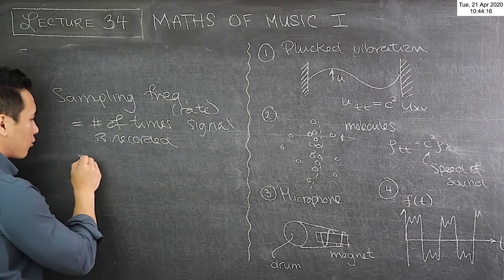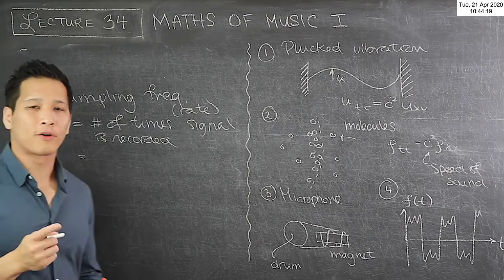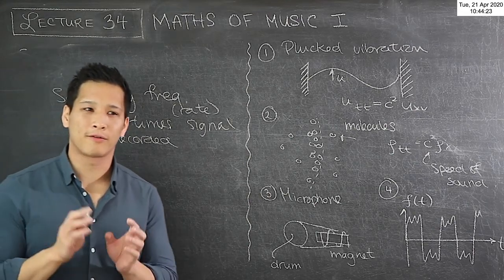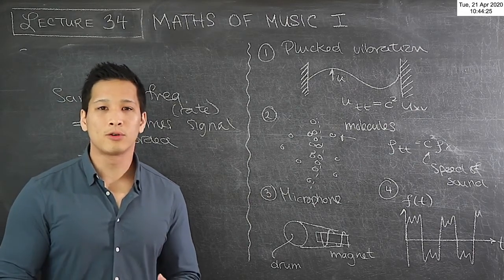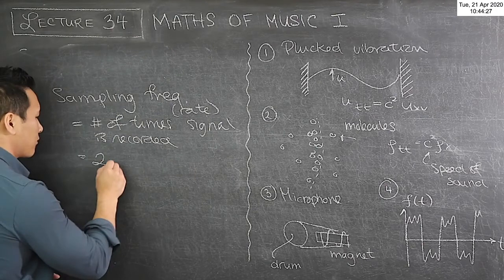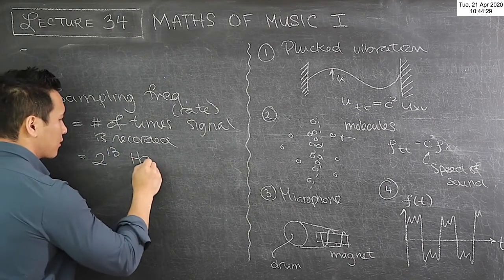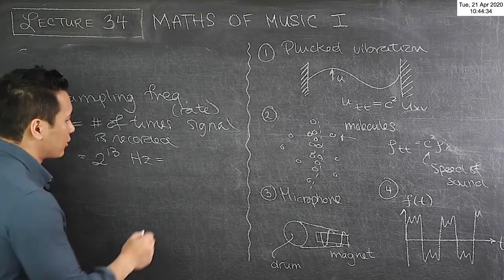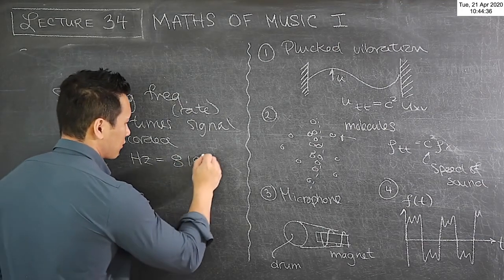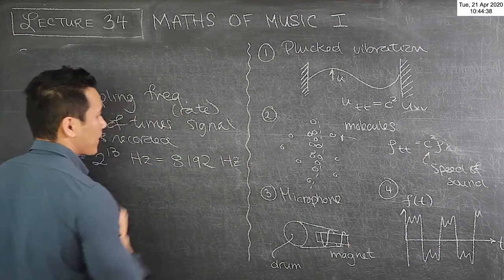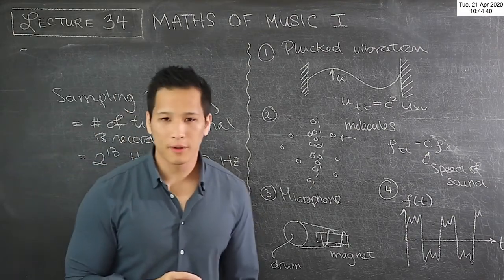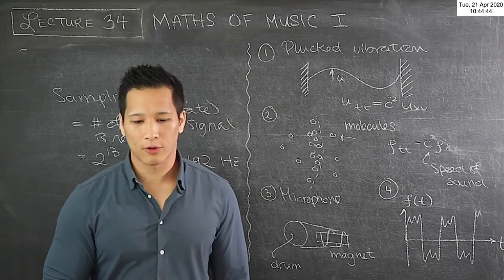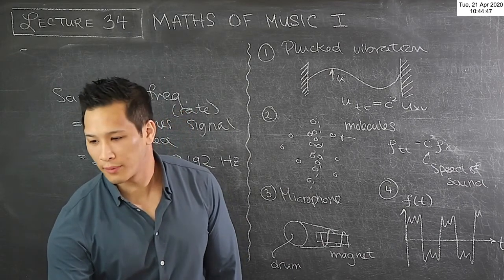We're going to be working with the default sampling frequency for the MATLAB function, which is 2 to the 13 hertz. And 2 to the 13 is 8192. So that's basically the rate at which it is going to record the signal. This is going to become quite clear when we work with our numerical example.